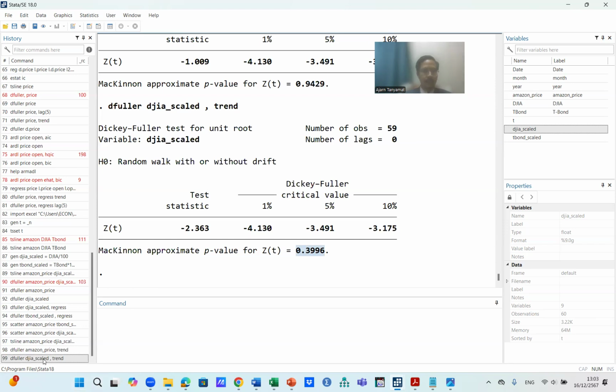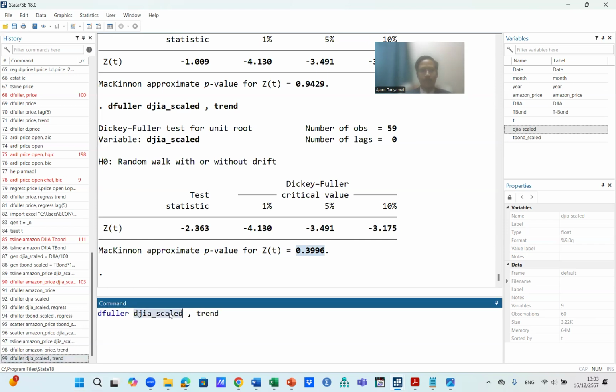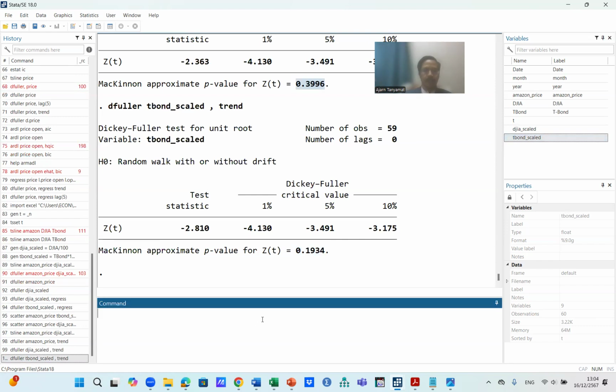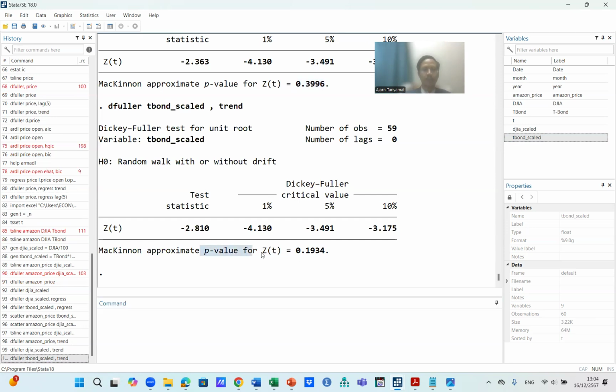Now let's do the same for T-bond. Okay, T-bond is even closer to being trend stationary, right? Because the p-value is about 20%. So the T statistic here is close to being significant, but still not quite.